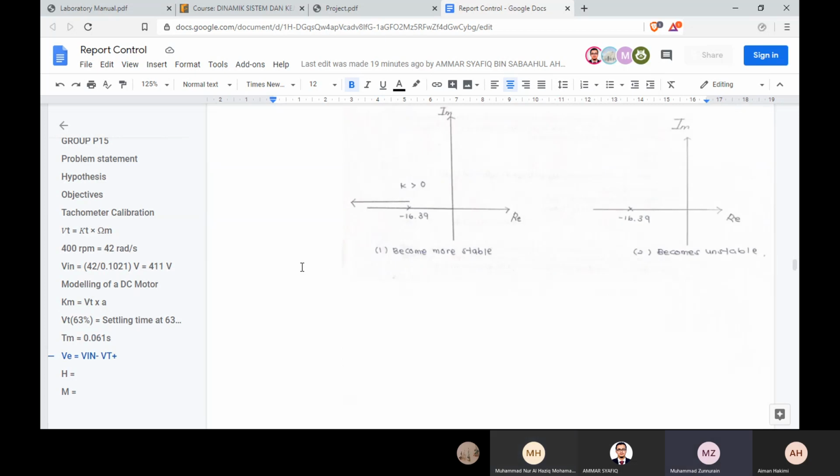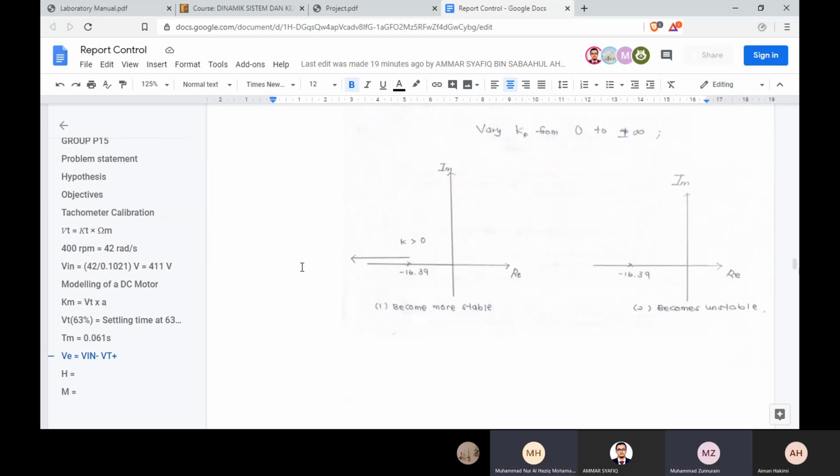From this graph, we can find the value of Kp to know whether the system is stable or unstable. If Kp is more than 0, the pole moves to the left, so it becomes stable. If Kp is less than 0, it moves to the right and becomes unstable.